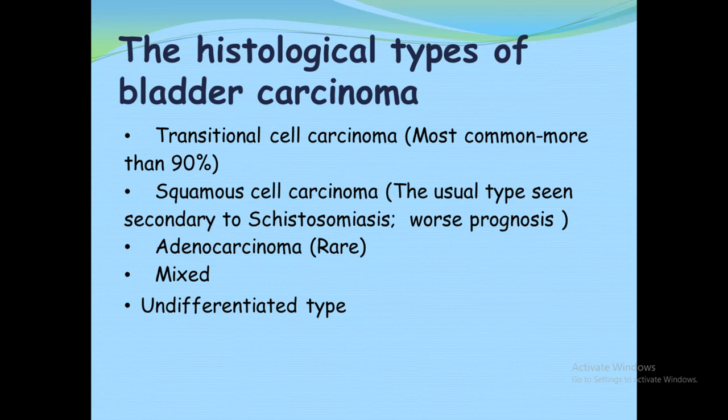We have adenocarcinoma, which is the least common of these types. We have mixed types, transitional cell carcinoma with squamous cell carcinoma, or transitional with adenocarcinoma. And we have undifferentiated, an extremely anaplastic and aggressive type of tumor with no differentiation toward transitional, squamous, or adenocarcinoma.